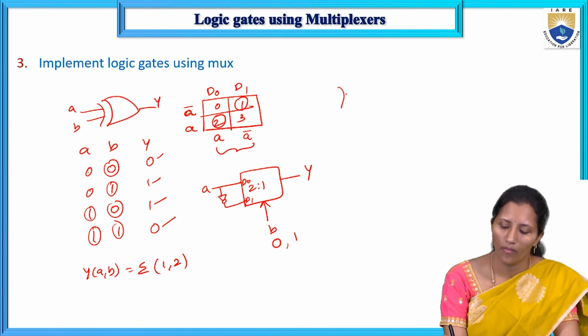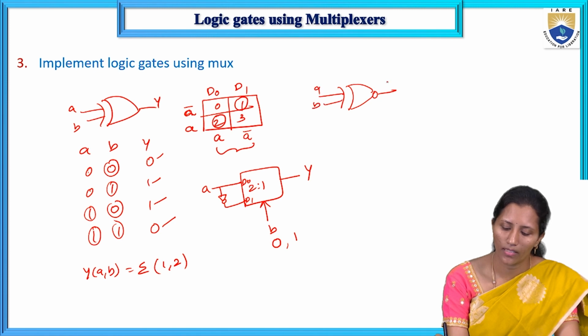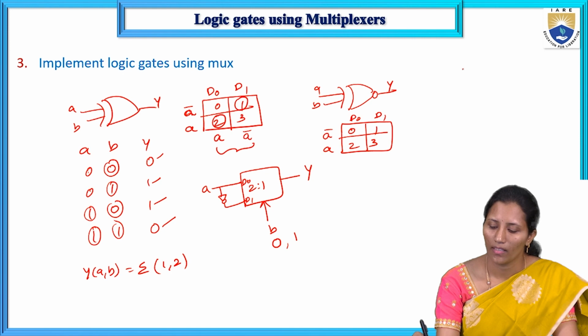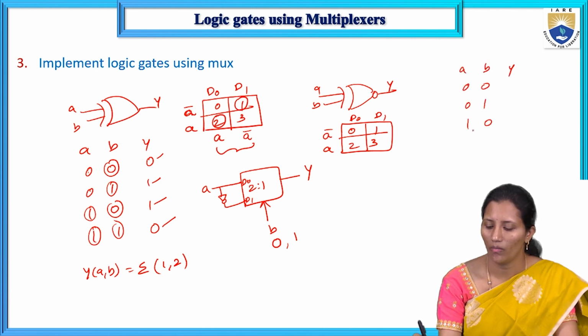a 2:1 multiplexer. For the XNOR gate, so A, B, this is Y. So D0, D1, A bar, A, 0, 1, 2, 3. For the XNOR gate, this is the same truth table. Here we get A, B, Y: 0, 0, 1, 0, 1, 0, 1, 0, 0, 1, 1, 1.